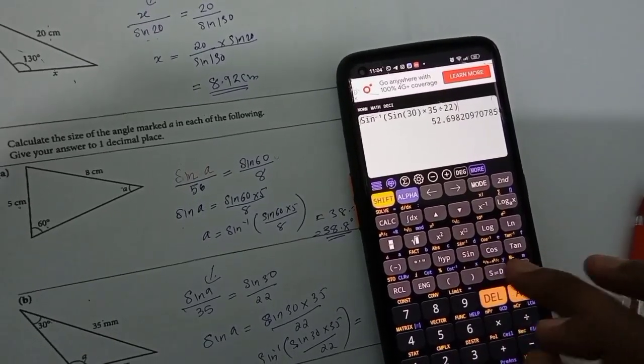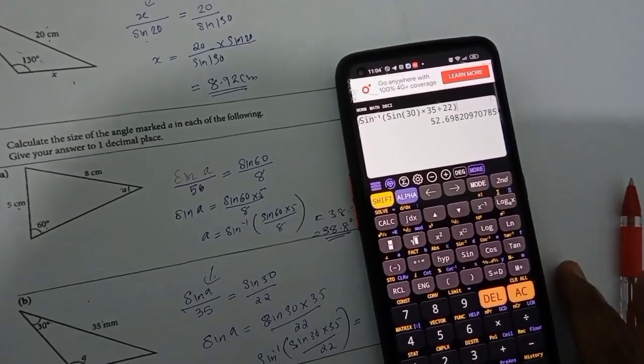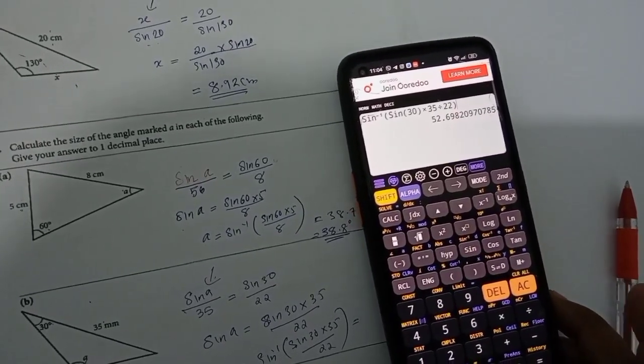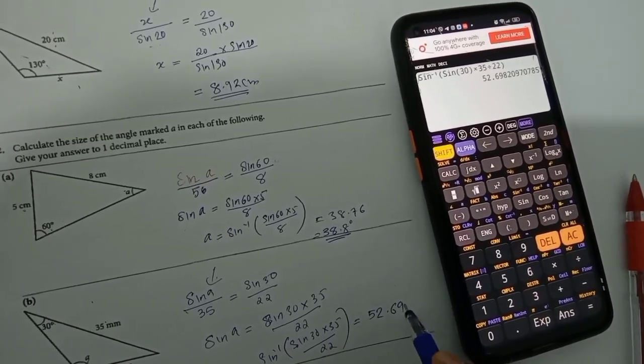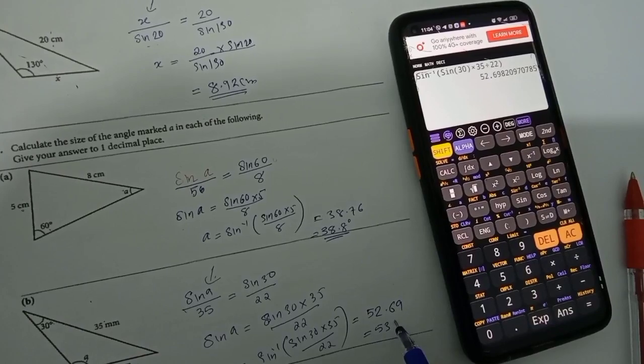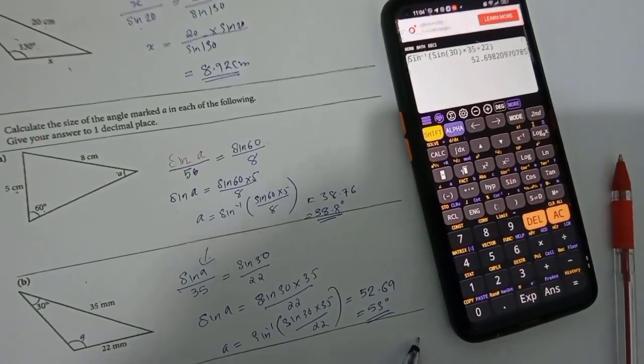Close the bracket. The answer is 52.69 degrees, which means we can write 53 degrees. Clear? So this one is the angle.